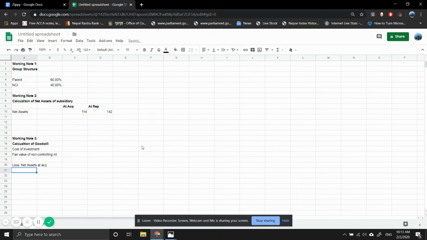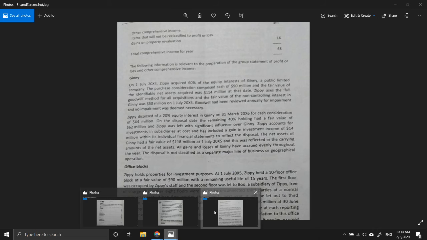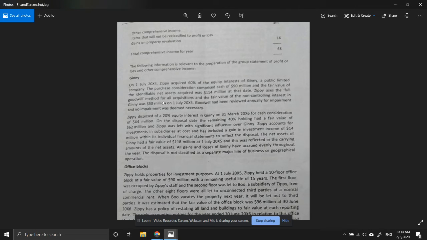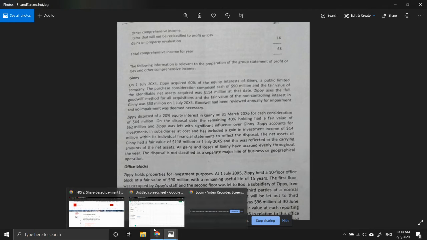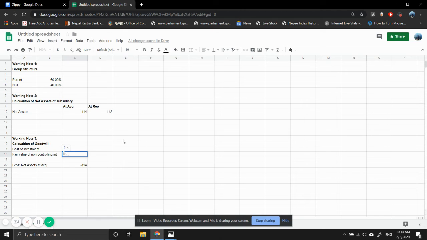This figure is from here itself, and our non-controlling interest is also already there, so it's 50, and our purchase consideration is 90, right? So 50 and 90.